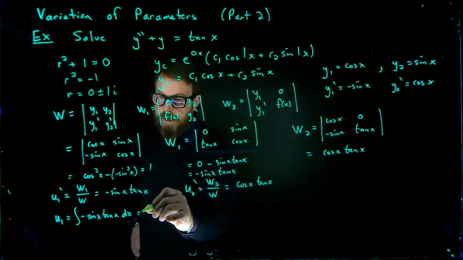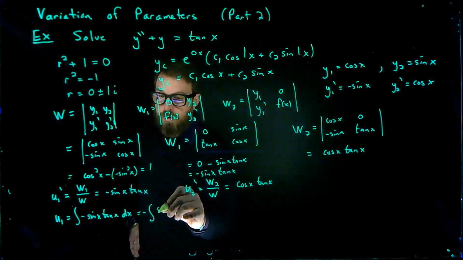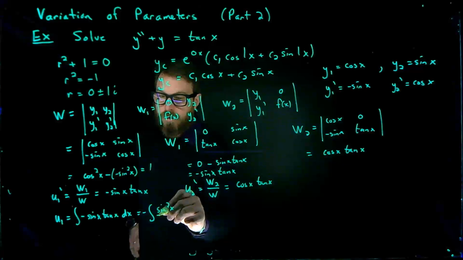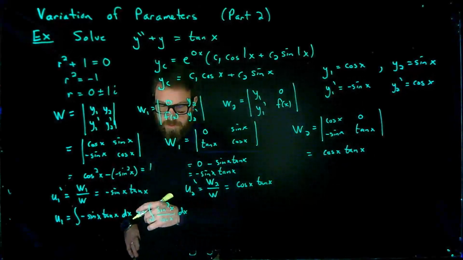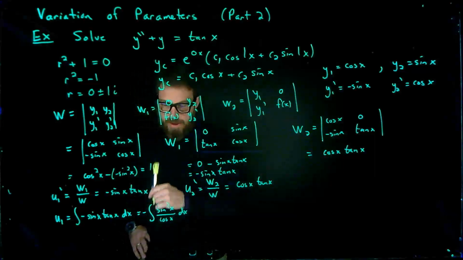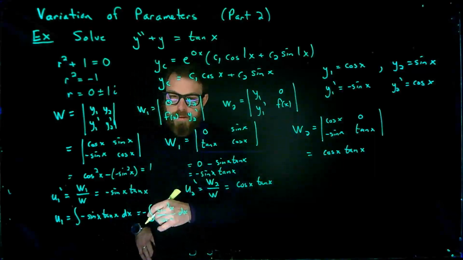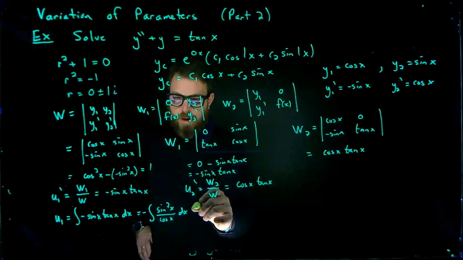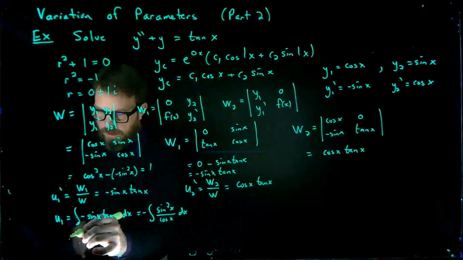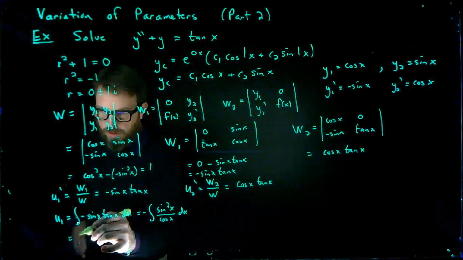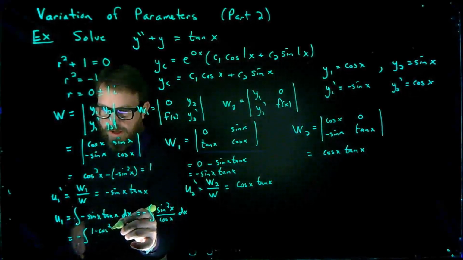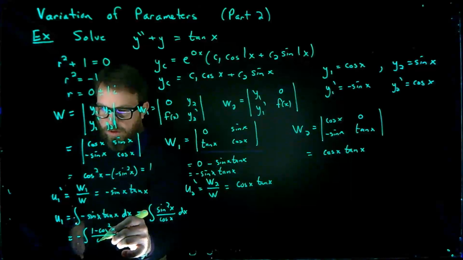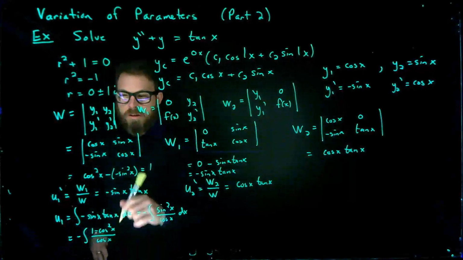So, pulling out that negative, this is going to be the integral of the sine squared of x over the cosine of x dx. There are multiple methods, and the one I like here is turning the sine squared into 1 minus cosine squared. So 1 minus cosine squared of x all over cosine of x.